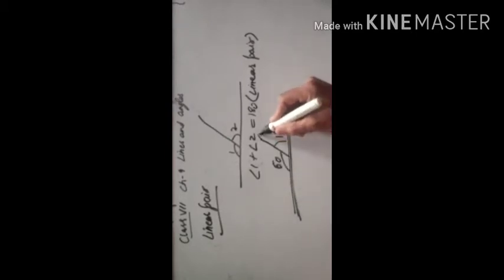Now suppose this is 130, 50, 60 degrees, then it is 120 degrees. They are a linear pair. Means a straight line and two adjacent angles are said to be a linear pair if their sum is 180 degrees.